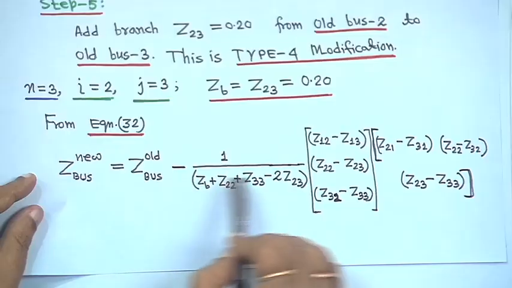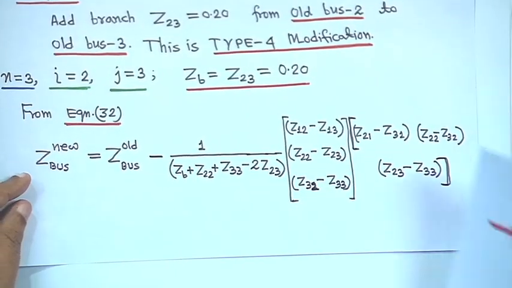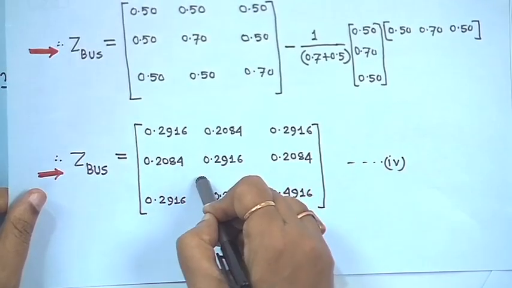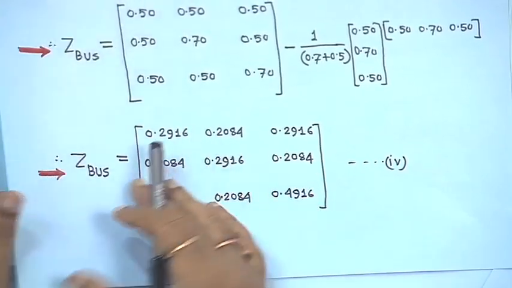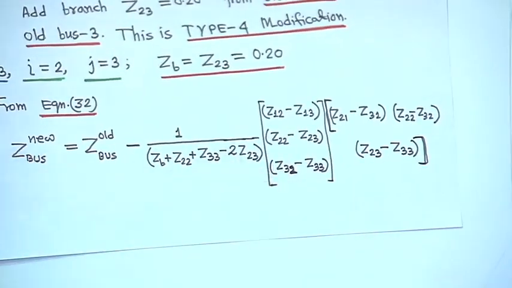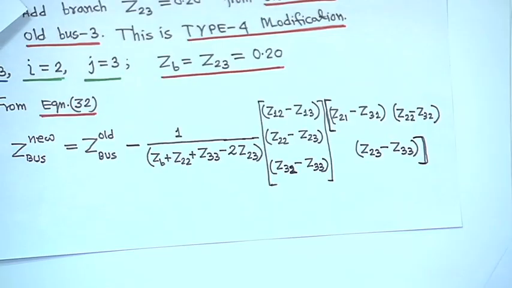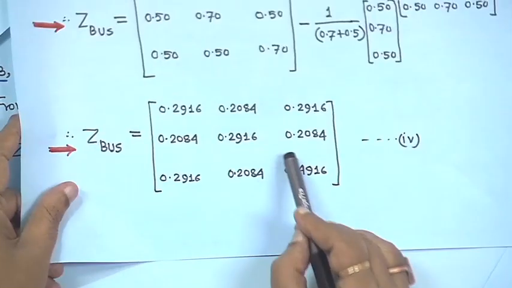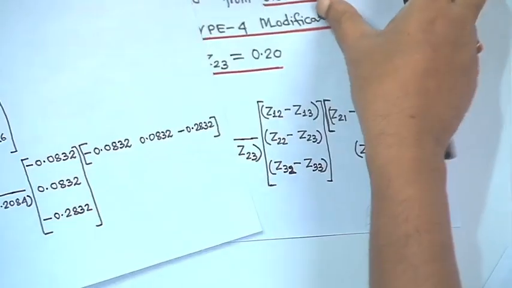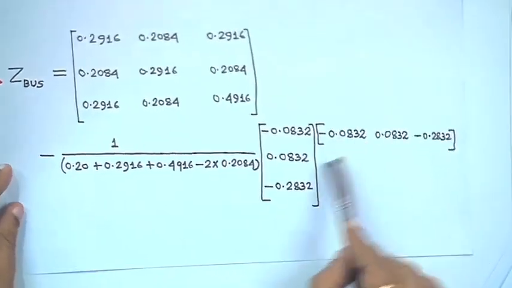So, from equation 32 you can write this equation, and Z bus old means whatever we have obtained previously, that will always be Z bus old. It is something like an iterative process. Once you substitute all these values, and all these Z elements come from the previously computed one, then Z bus will become this one minus whatever parameters are coming.